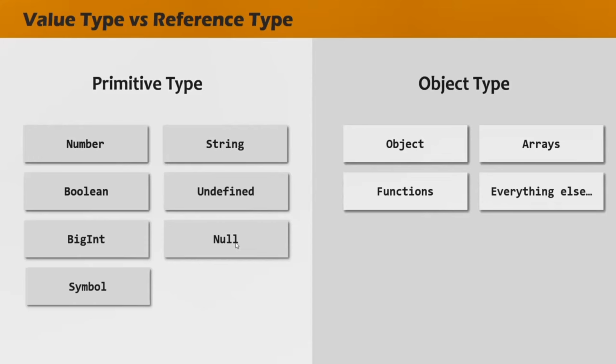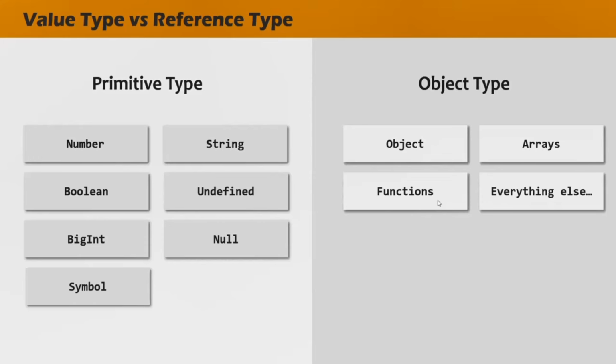So when you create an object, that object is of object type. The arrays which we learned about in one of the lectures of this course are also object type. Basically, an array is also an object in JavaScript. In the same way, functions are also objects in JavaScript. And basically everything apart from the values belonging to these 7 data types are objects in JavaScript.